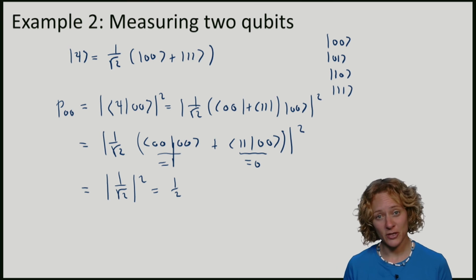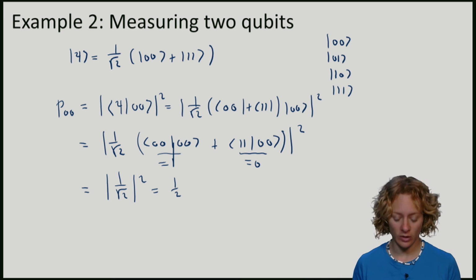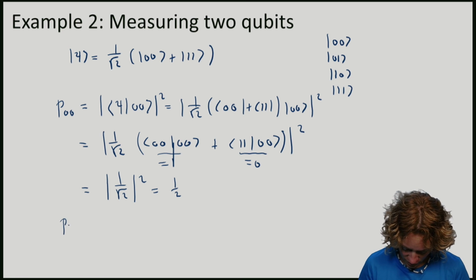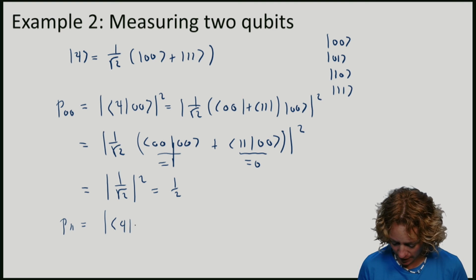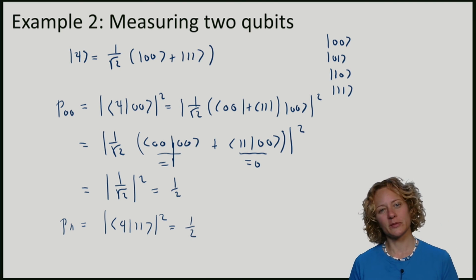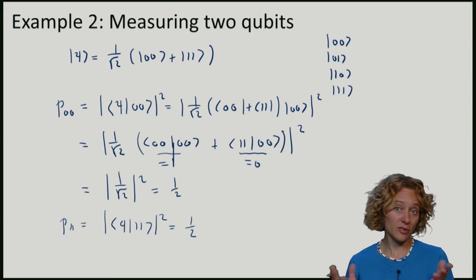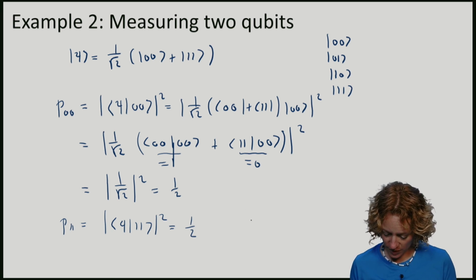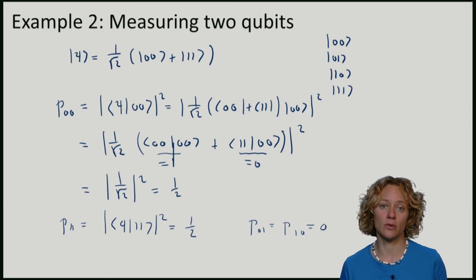A similar calculation would show us that the probability of obtaining outcome 11, which is given by the inner product between psi and 11, is again a half. So we'll see that actually for this state, not all elements of the standard basis are possible outcomes, because we also have that these must add up to 1.